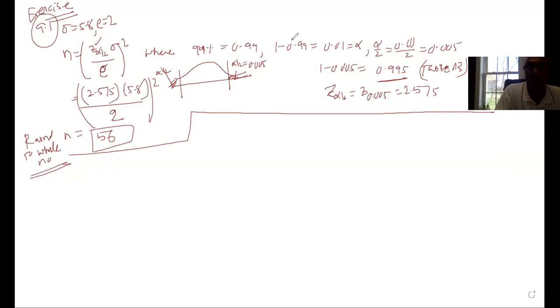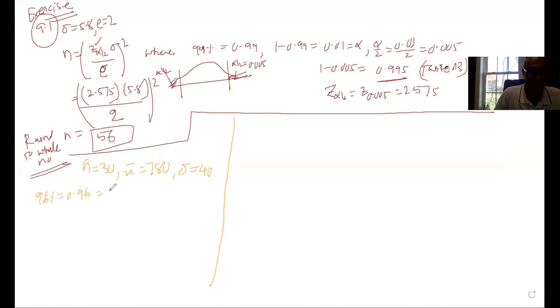Okay, so 9.2 says that I have n is equal to 30, X bar is equal to 780, and sigma is equal to 40, given to us. And we are given 96%, that is equal to 0.96.